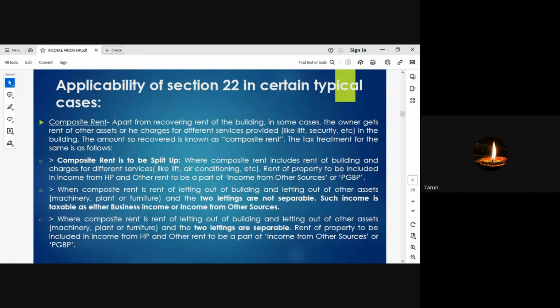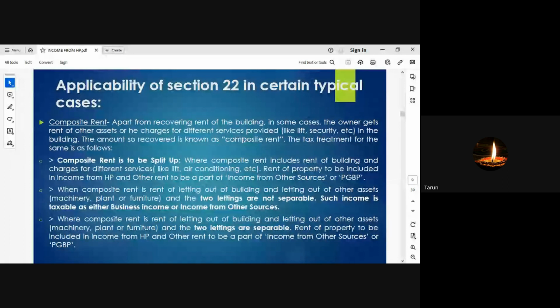So composite rent is the rent that is recovered from the building and from the other different services, but it can be classified into two parts. If the composite rent is from letting out of building and other assets, but you are not able to separate them, such income comes under business and profession.